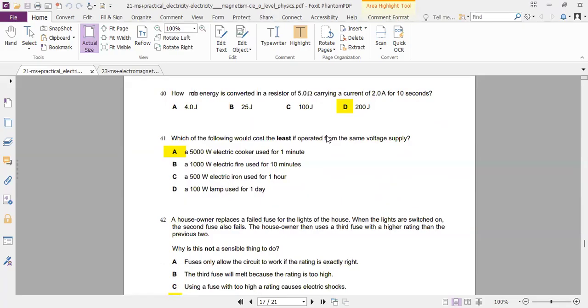So if something of 5 ohms is carrying 2 amps, the voltage becomes 10 volts. Multiply 10 with 2 and then by 10 gives you 200. That's the energy calculation using the P is equal to VI relationship.